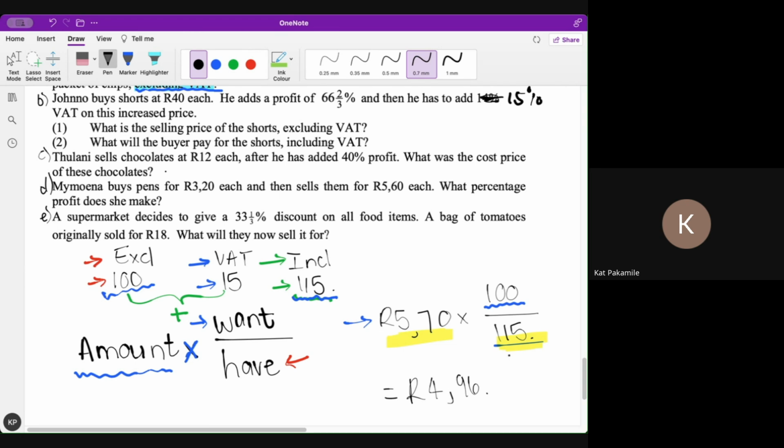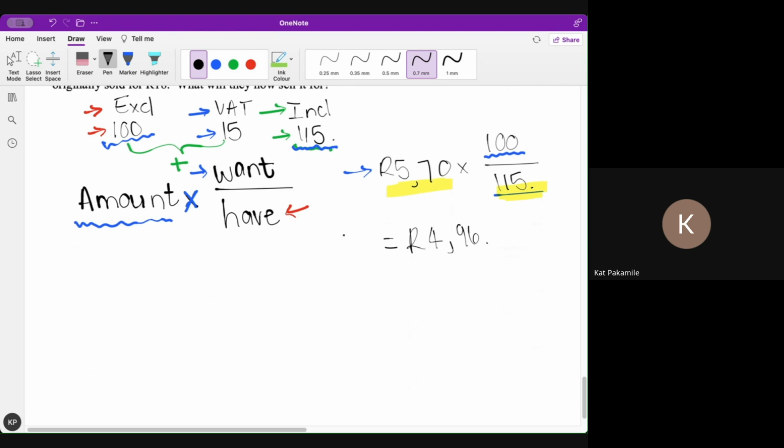Okay, guys, I want to do another VAT example to cement in what we are saying here. Okay, so it's 4.96. If I say to you guys, right, let's say a cap costs 70 rands excluding VAT.